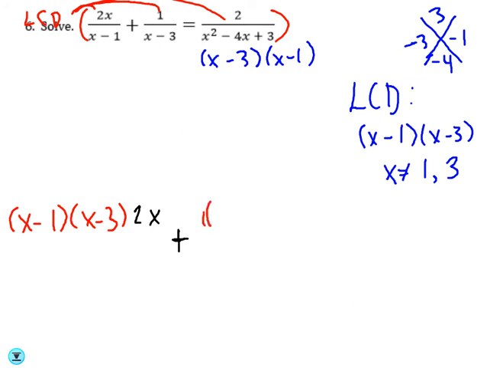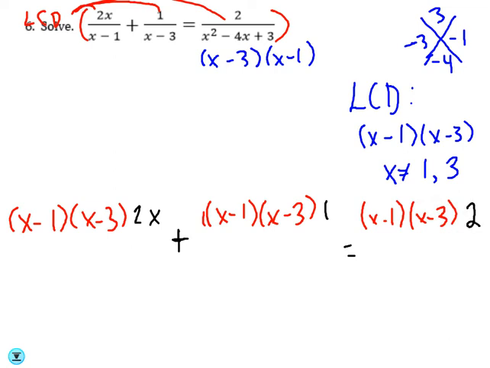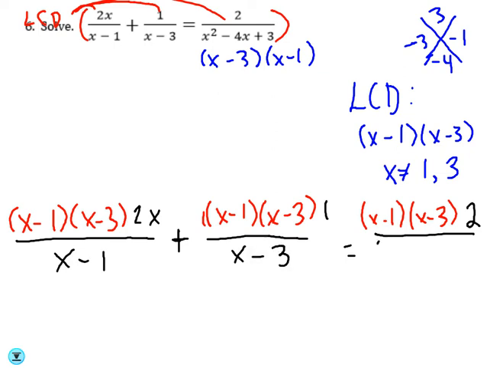Okay, our LCD x minus 1, x minus 3, times the 1 in that numerator, and that's going to be equal to x minus 1, x minus 3, times the 2 in that numerator, all divided by this denominator, which was x minus 3, x minus 1.